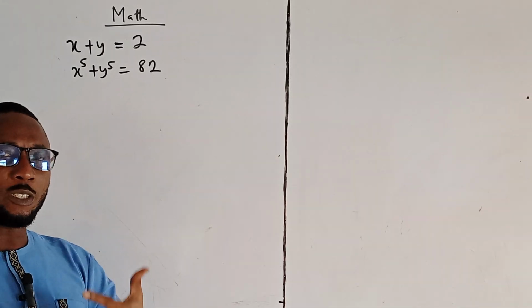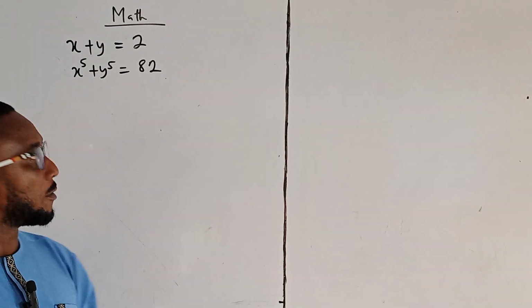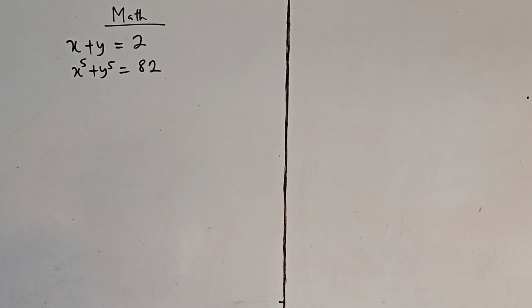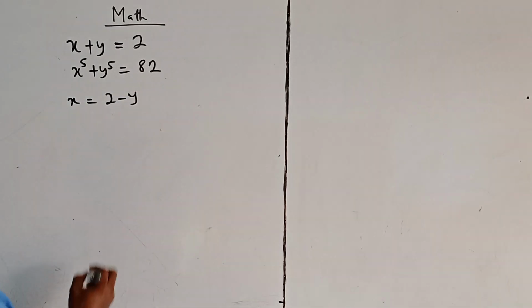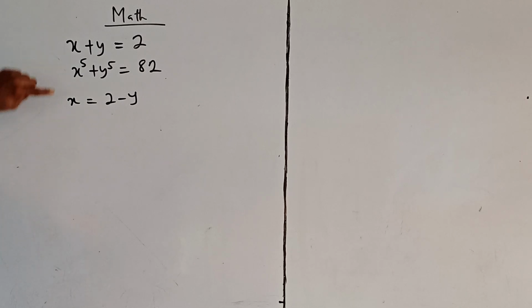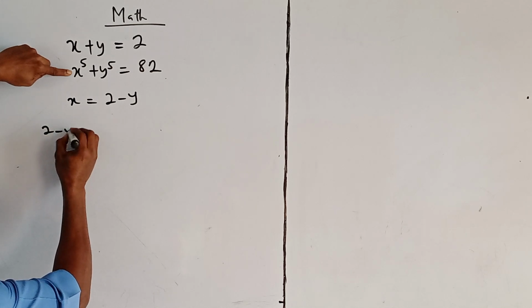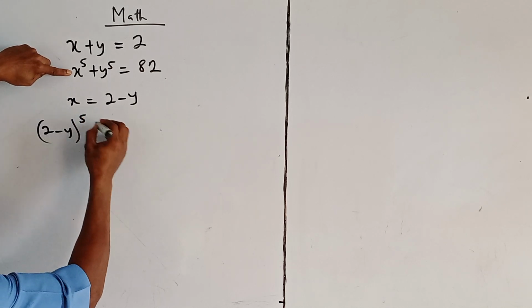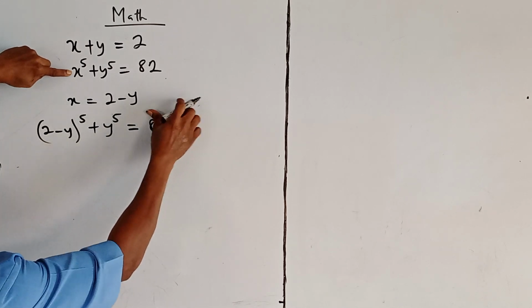That's not the method I would use to solve it, but I want to make a point from it. From the first equation, x is equal to 2 minus y. In place of x, I will write 2 minus y, so I'll have (2 minus y) to the fifth plus y to the fifth equals 82.